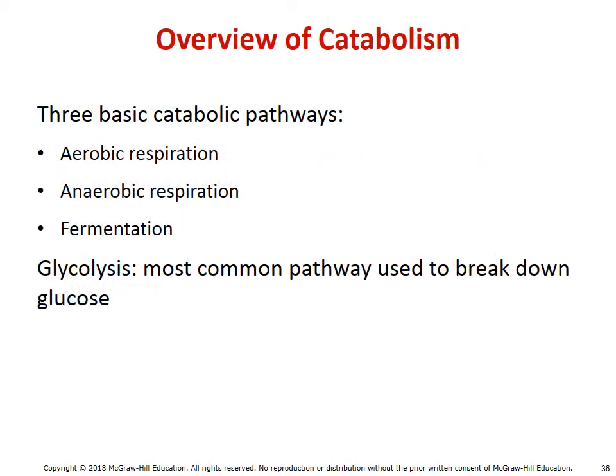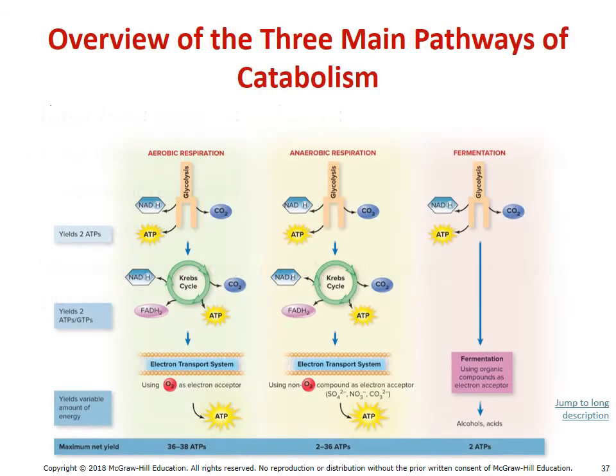Whenever we talk about catabolism, there are three major catabolic pathways: aerobic respiration, anaerobic respiration, and fermentation. One thing to note is that glycolysis typically happens in any of these three pathways. It's the first step and should happen in each of them. Let's compare the three.